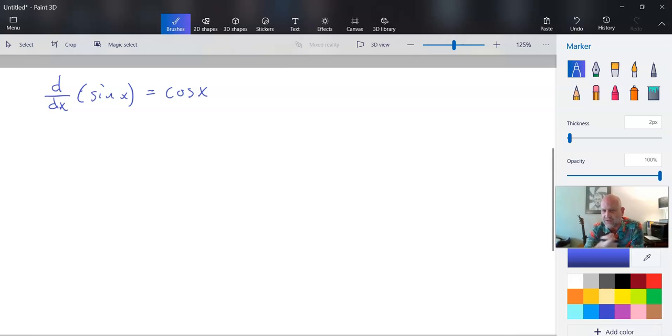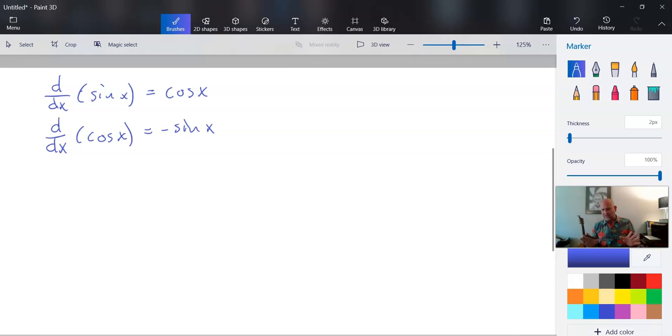You end up using an angle sum identity and massaging it around, and you end up with cosine. I'm not going to go through the whole derivation of that. It's in your book. You can look at it if you want. But this is one item that we need to know. And the other is that the derivative of cosine x is equal to negative sine x.